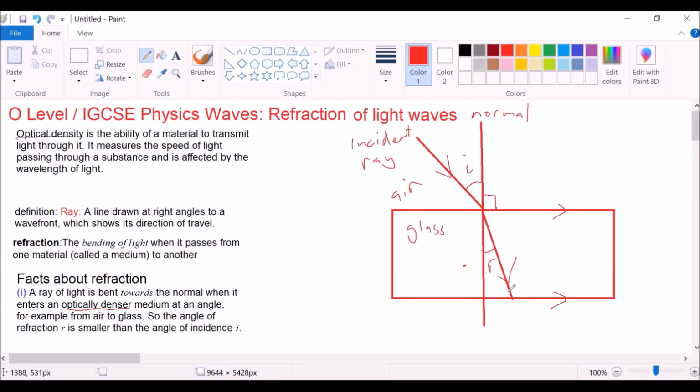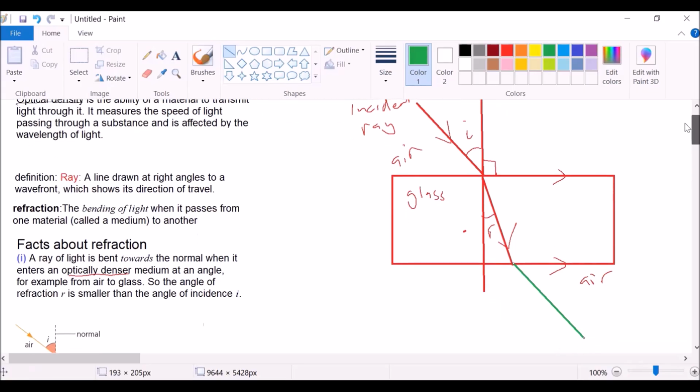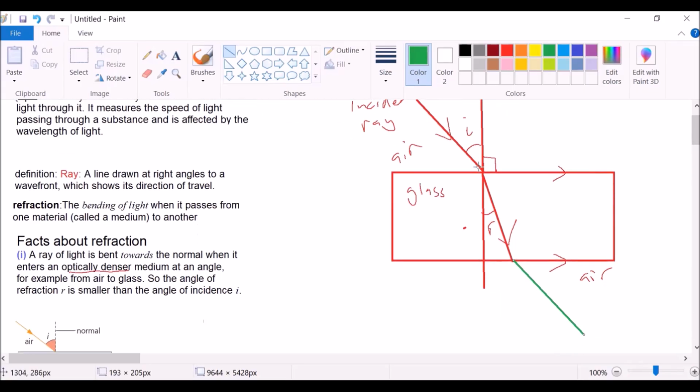If these surfaces are parallel, this surface is parallel to that. When light leaves glass and enters into air, it will be bent again. The bending will be parallel to the incident ray. It regains its direction once again. So we can see it enters at an angle of incidence and is bent towards the normal.